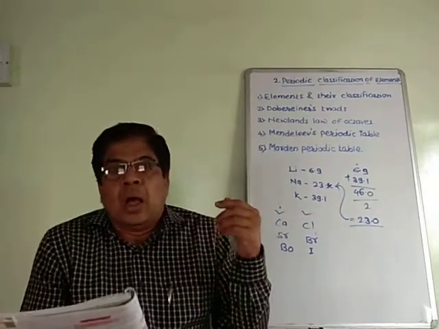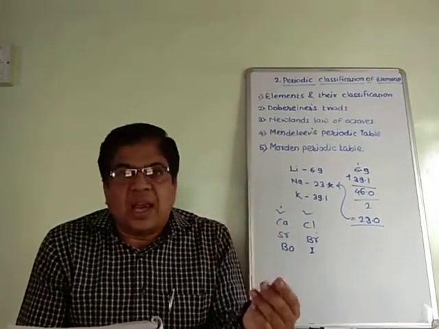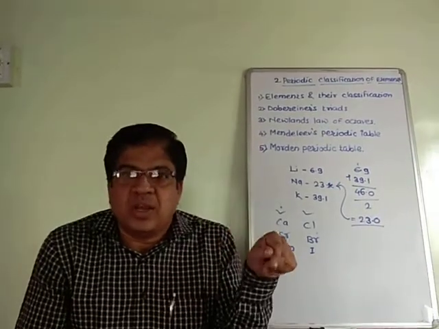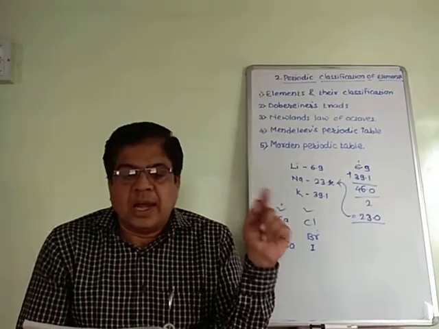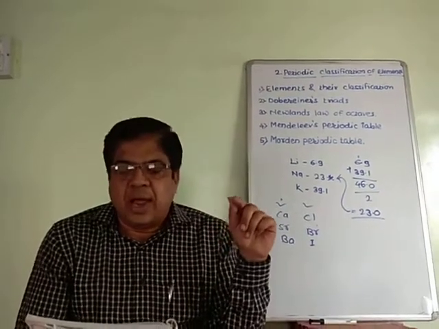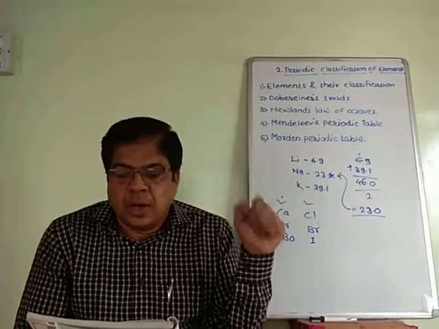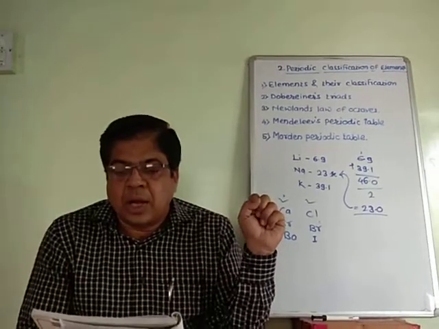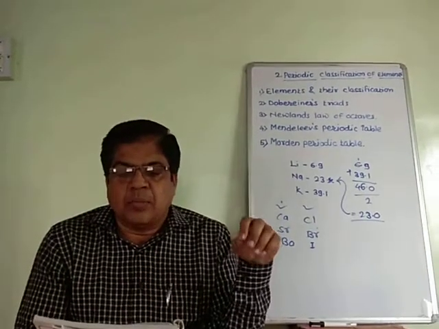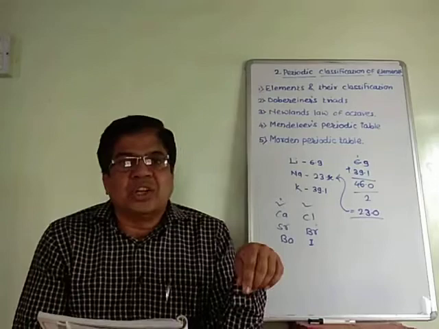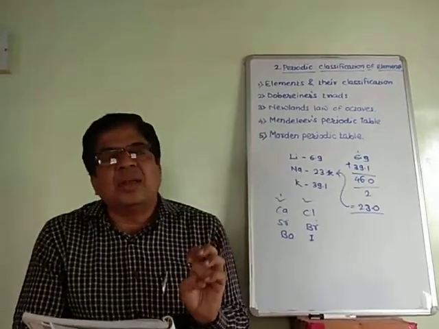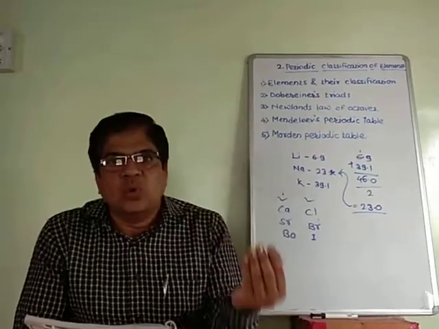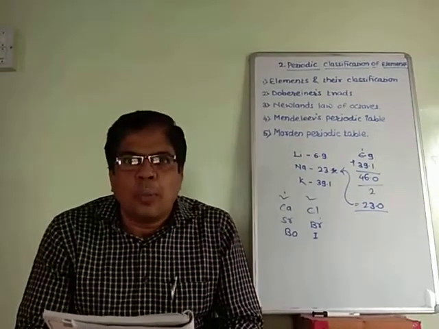That means the property of losing an electron is called electropositivity, and the property of accepting electrons into the valence shell is called electronegativity. Accepting is electronegativity and losing is electropositivity.